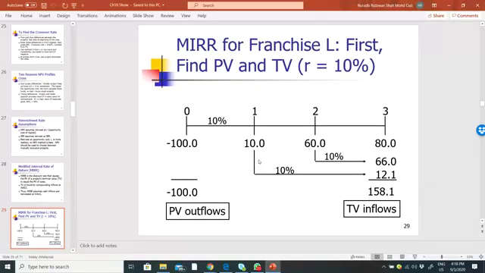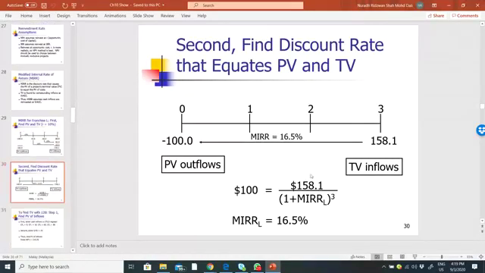Instead of discounting, we go to future value. The future value for year 1 is 12.1, year 2 is 66, and year 3 is 80. So your terminal value of inflows is 158.1.